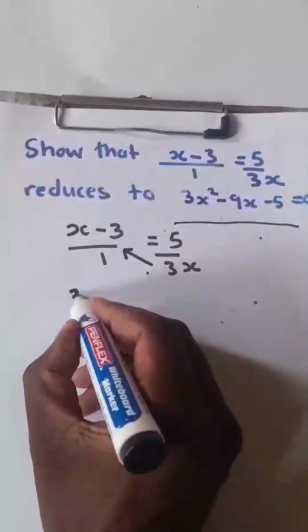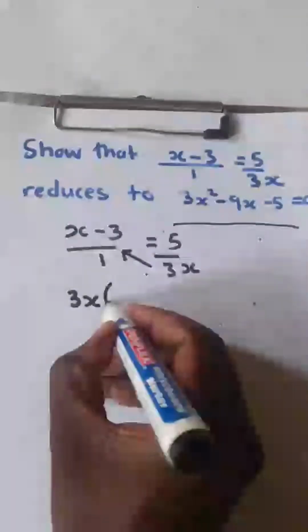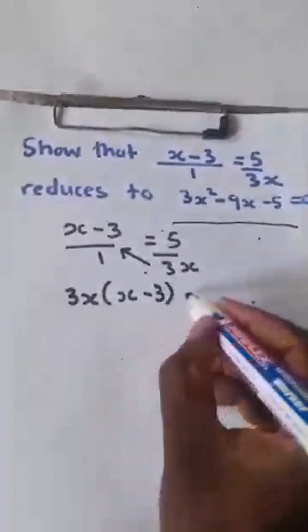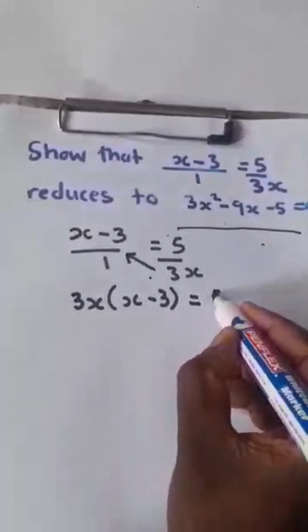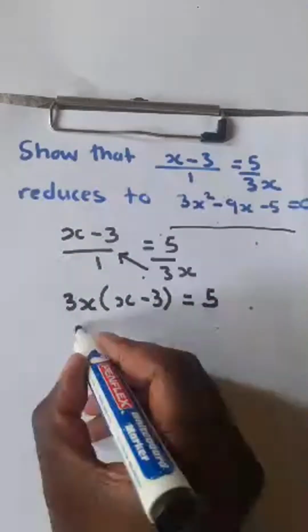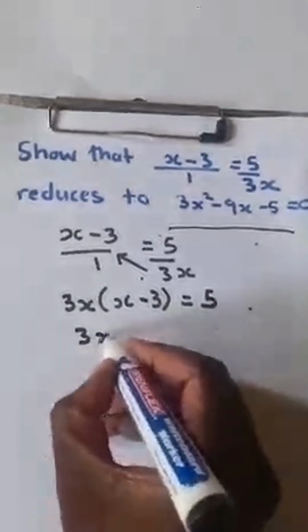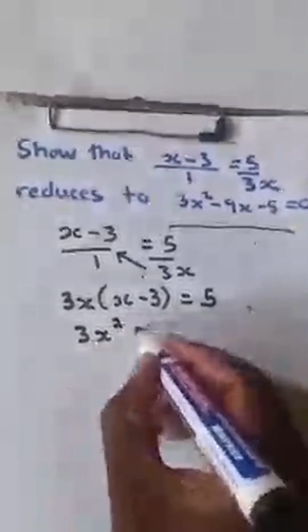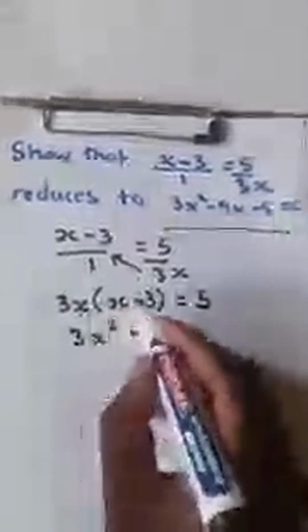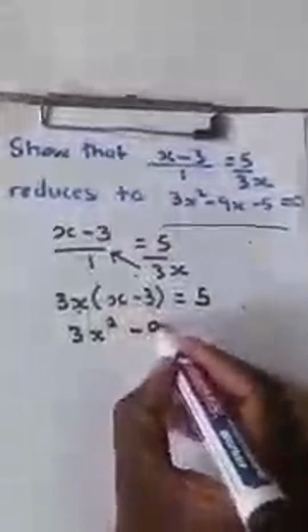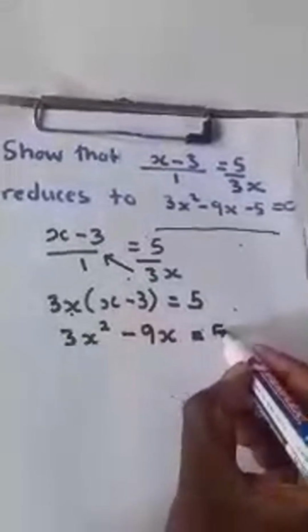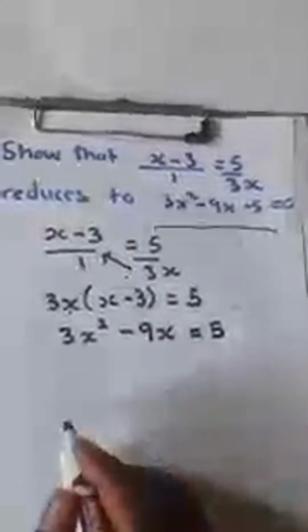It's now 3x by (x minus 3) is equal to 5 times 1, we get 5. 3x times x, we get 3x squared. 3x times minus 3, we get minus 9x, is equal to 5.